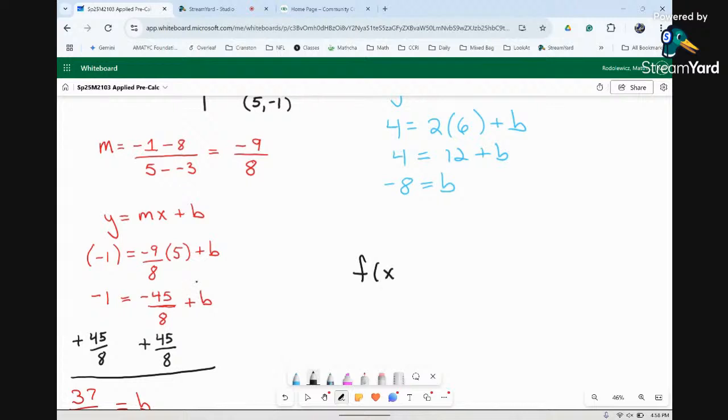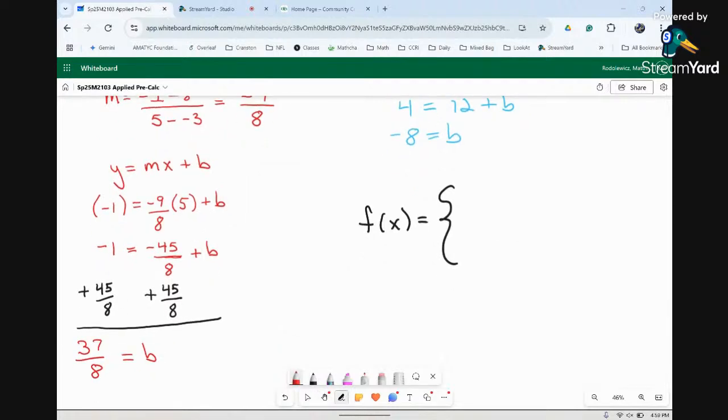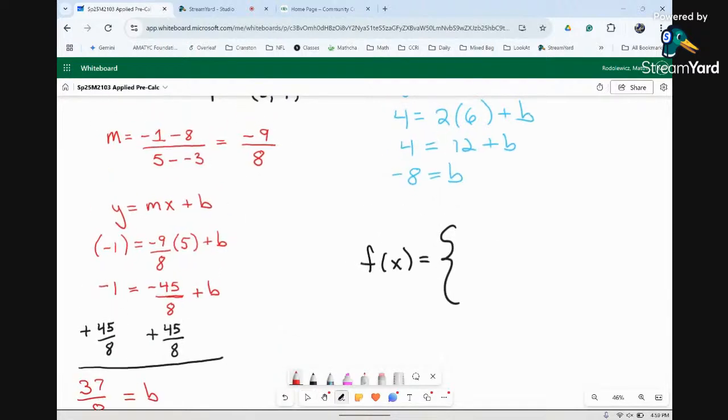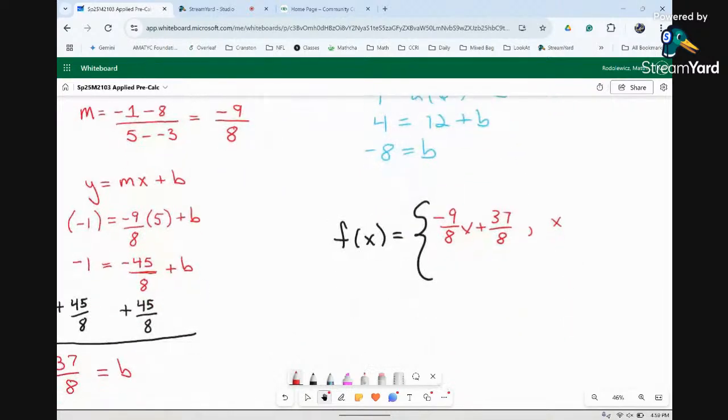The function is negative 9/8 x plus 37/8 for x less than 5.